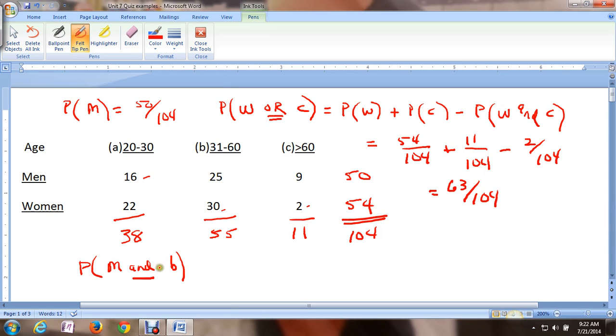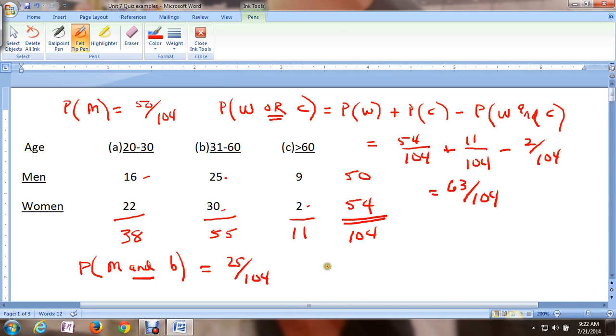In this case, we don't, though, because each one of these cells represents an AND. The probability that we picked out someone who is both male and between ages of 31 and 60. Well, you see there's 25 of those who meet that criteria out of the 104. So those are pretty easy to pick out.